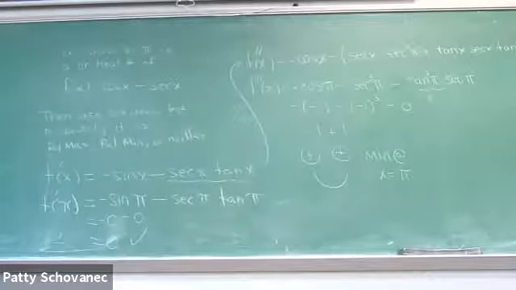In section 4.4, we looked at rational functions, and we identified where they have vertical and horizontal asymptotes. The vertical asymptotes were where the denominator of the fraction was 0. Horizontal asymptote was, we took the limit to infinity. Usually we just looked at where the degree was.